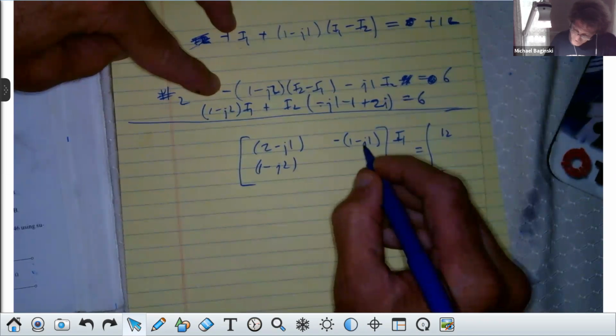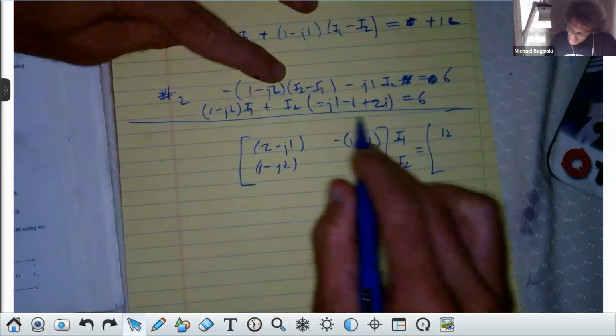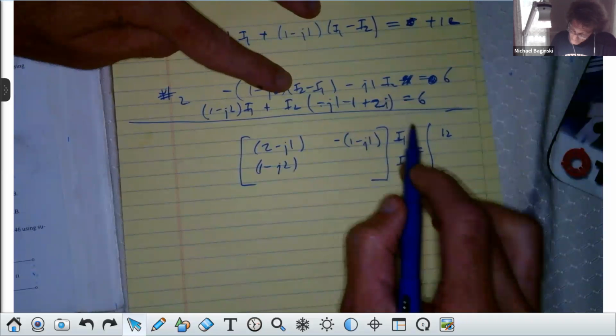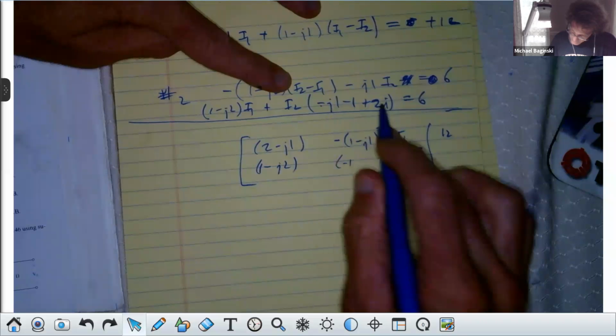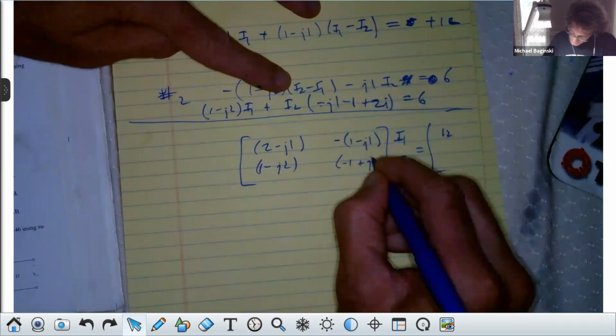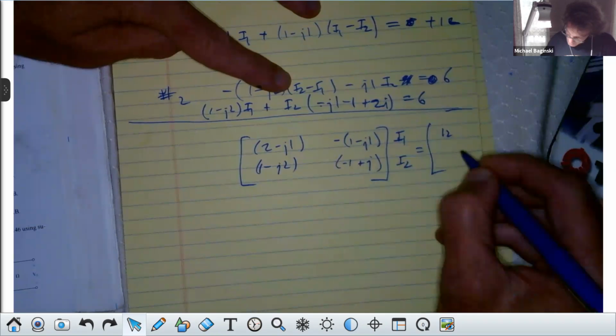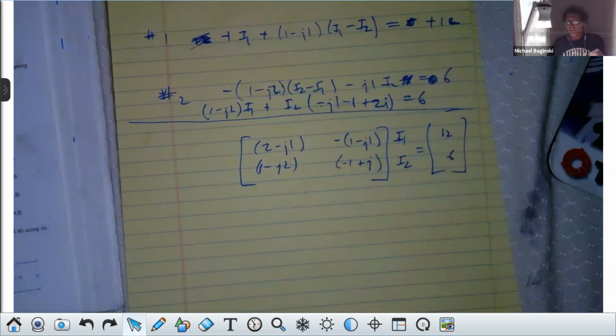And the coefficient for I2 is going to be minus 1, and then plus j. And that would be 6. Do y'all follow me on this, class? I'm just organizing things so I can solve it. You with me? Here you have to know how to use your calculators.